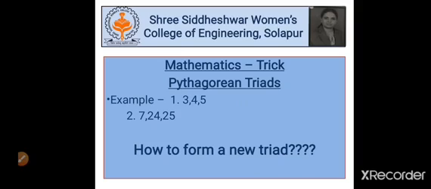So 9, 40 and 41 will form a Pythagorean triad. You can check. What should be a Pythagorean triad? The addition of the squares of the smaller numbers should be equal to the square of the larger number. So in our example, square of 9 plus square of 40 equals square of 41. In this way you can form a new triad.